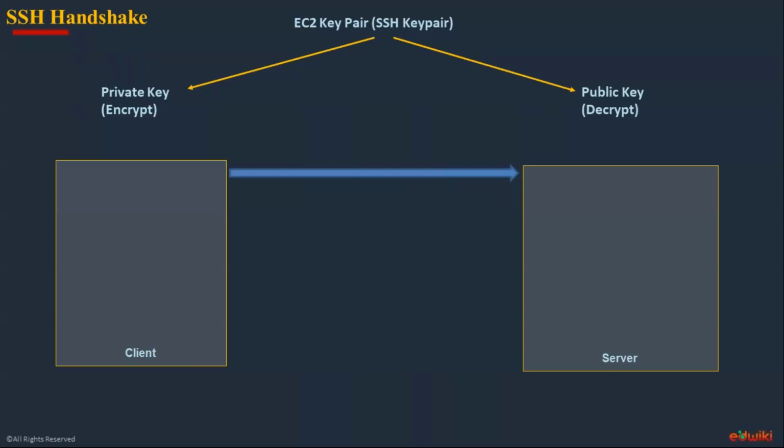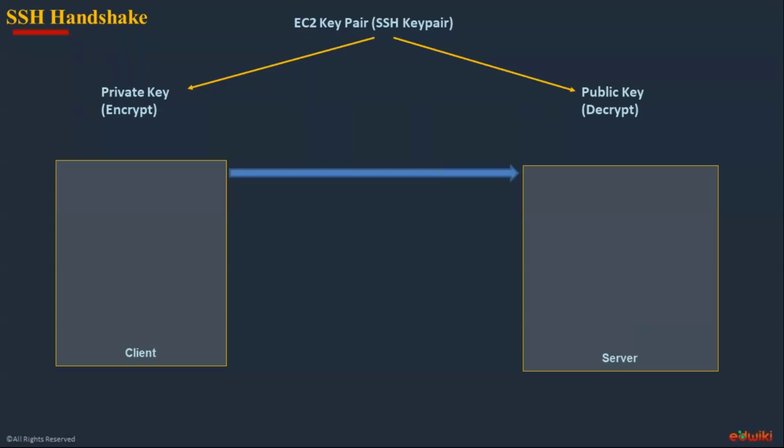Whenever you launch an EC2 server, whenever you attach the key pair from the drop down, AWS will ensure that the public key is copied into the server. Got me? The private key is already downloaded, which is with you guys, correct? The private key is already downloaded, it is in your laptop. The public key file will get copied into the EC2 server as part of the EC2 creation process.